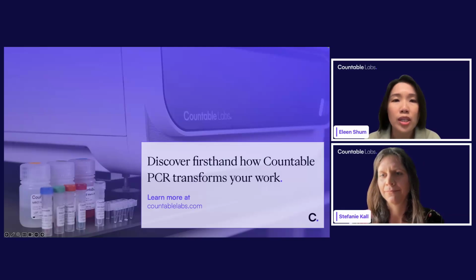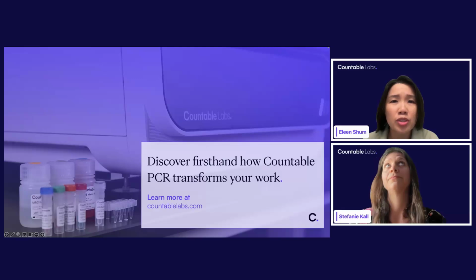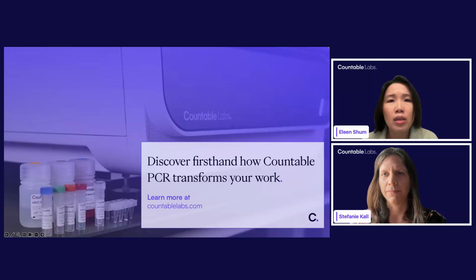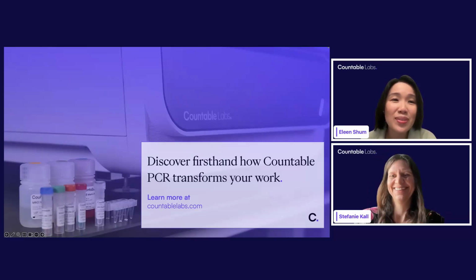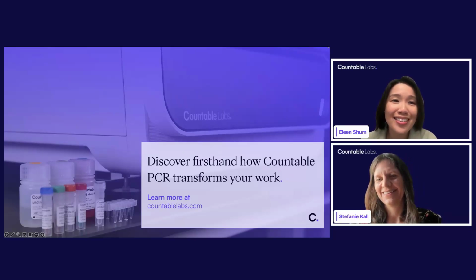Okay, thank you. The next question seems to be for vector copy number because it talks about gDNA. Should it be pre-digested before loading into the Countable instrument? Performance is generally best if it's digested. Eileen, you've done more of these experiments than I have. It really depends. We've done both undigested and digested gDNA.